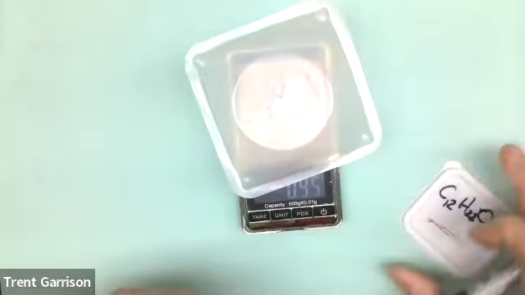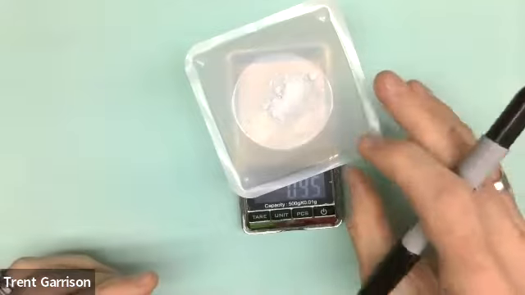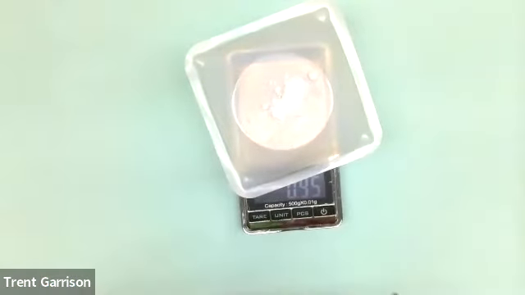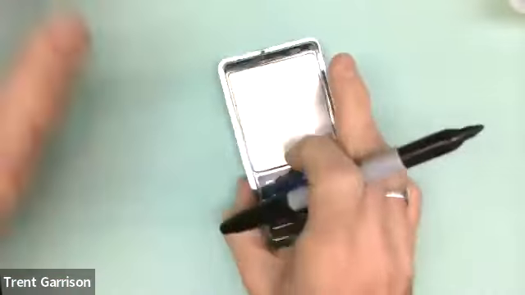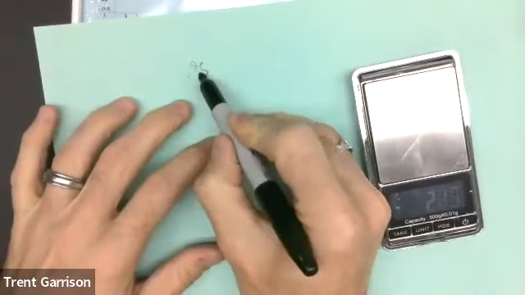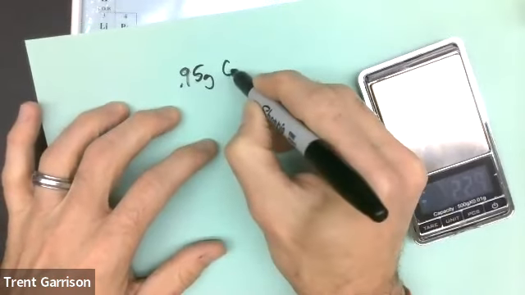I'm just going to sprinkle a little bit of sugar in there. My sugar, it says I got 0.95 grams. That's what I'm going to write down. 0.95 grams of sugar.